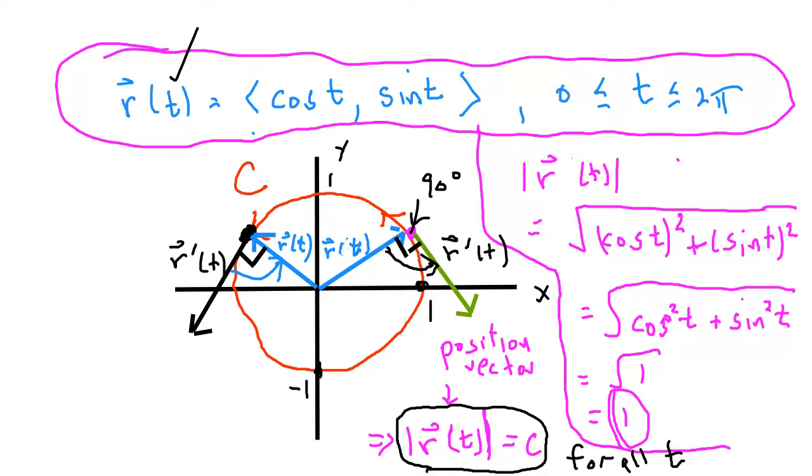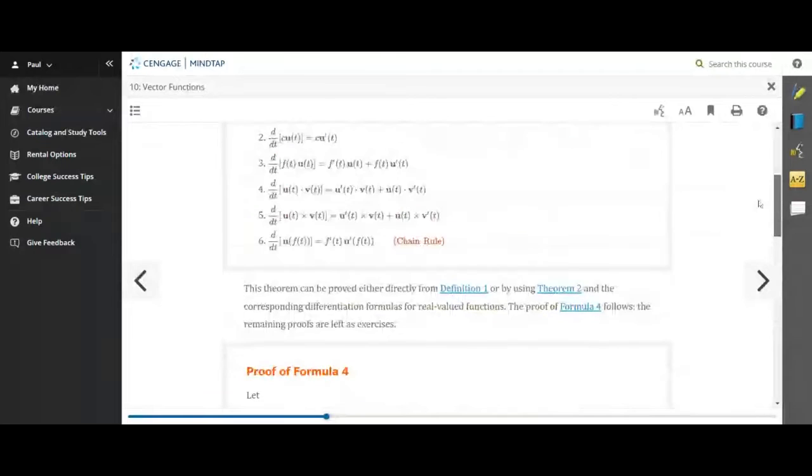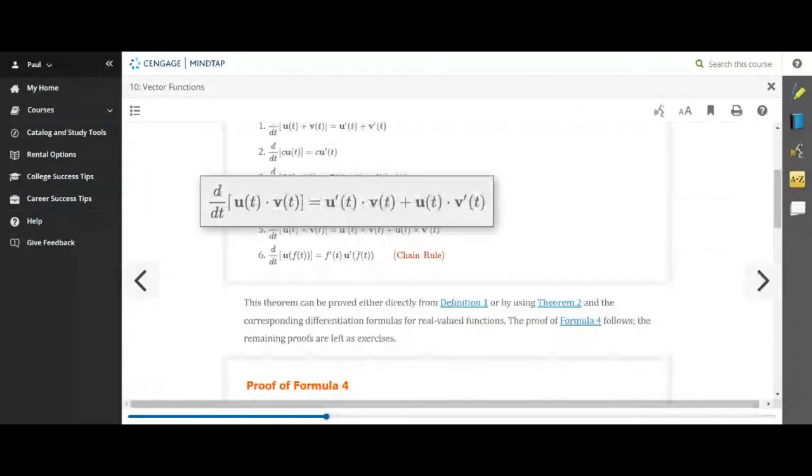And this is a little simple example of that. Now, the proof of this relies on that fourth rule that you just learned here in section 10.2. We're going to use that fourth rule, so let's look at it in the book.